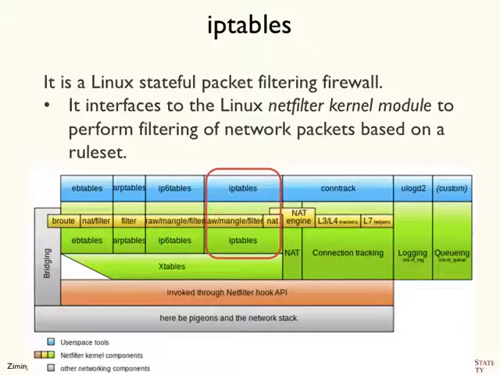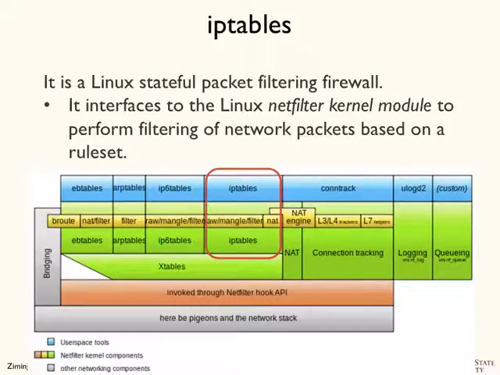So basically, iptables is a Linux stateful packet filtering firewall, and it uses a kernel module called netfilter to perform filtering of network packets. So iptables is not the only application that uses this kernel module.